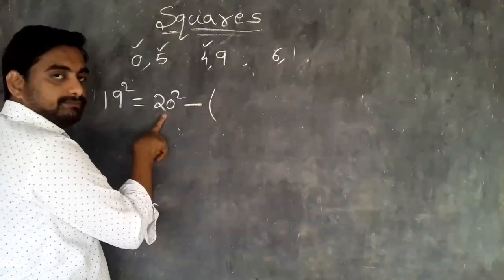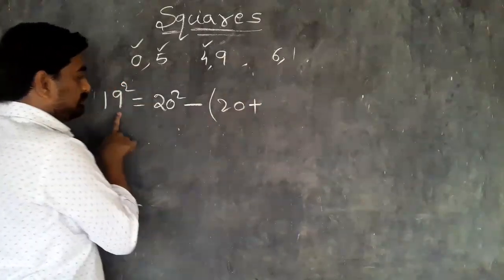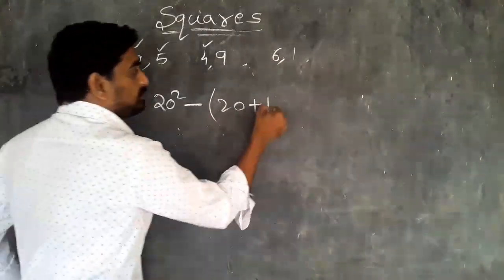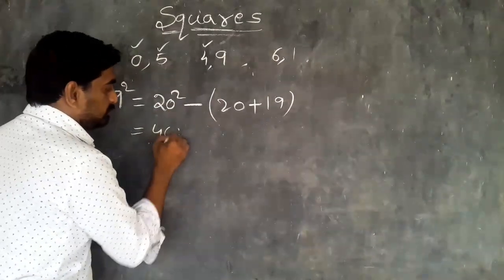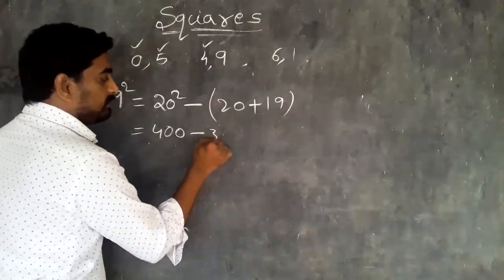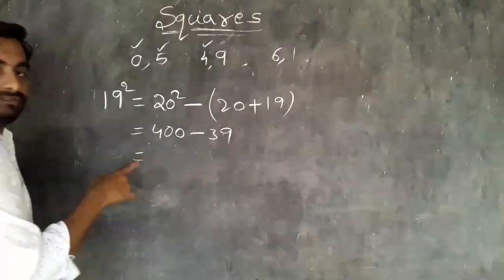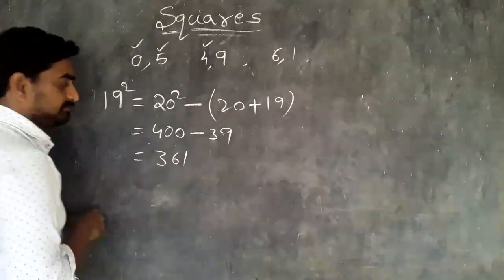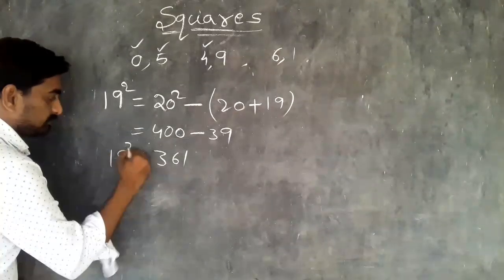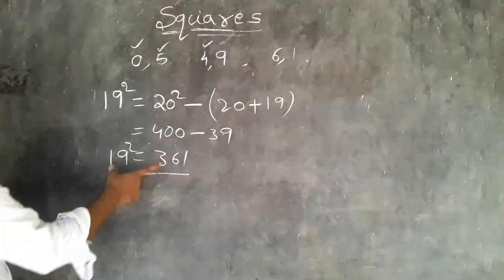We write 20 square plus what number we want, 19 — 2 square 4, 2 zeros, minus 39. So we got 361 is the final answer for 9 ending numbers.